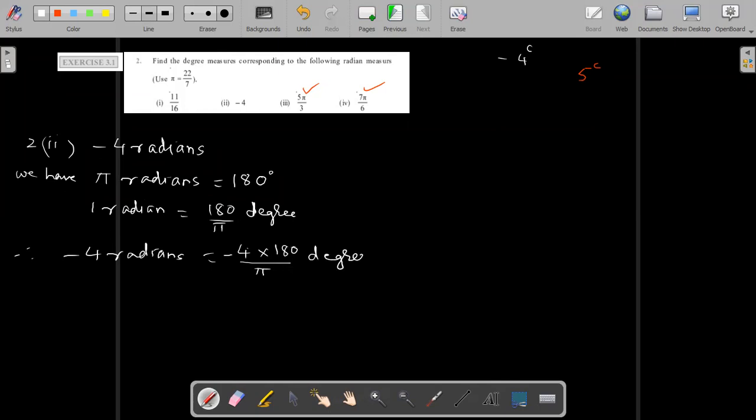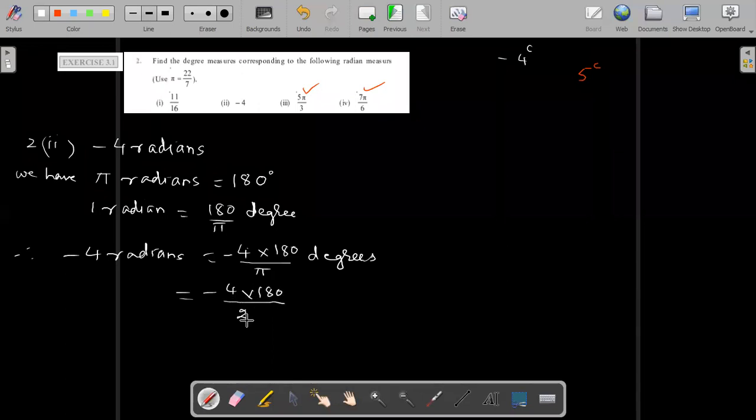But here pi is there, we cannot write the pi. So pi should be converted into 22 by 7. So we can write 22 and here we can write 7 degrees.